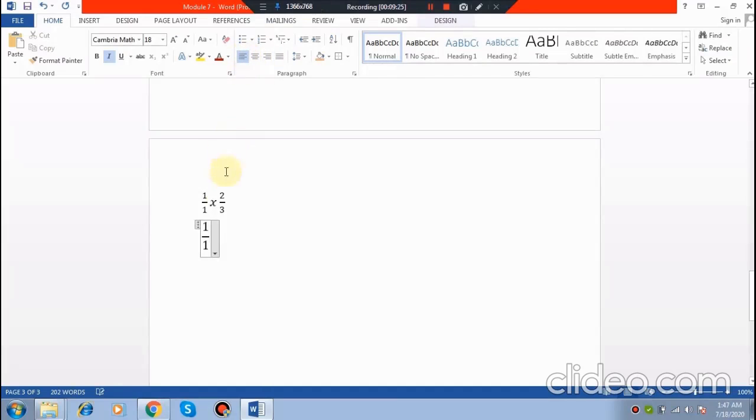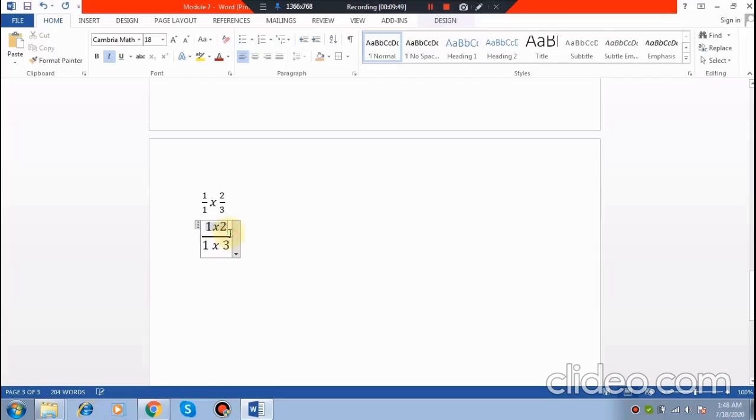So we're obviously going to do multiplication of what? The numerators and the denominators, right? So 1 times 2 divided by 1 times 3.